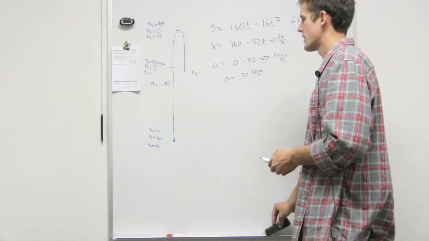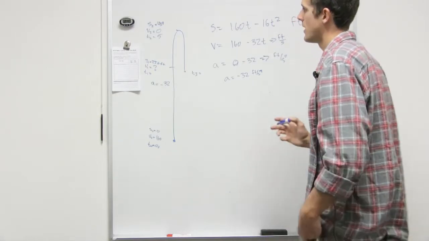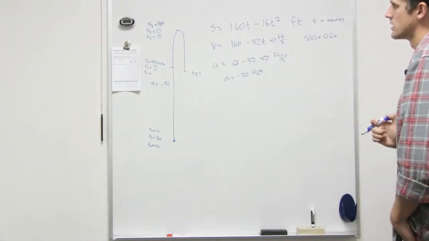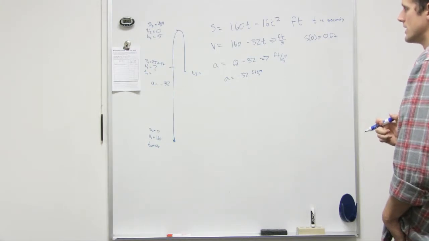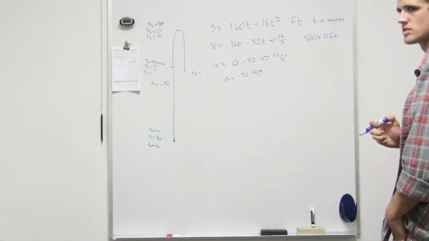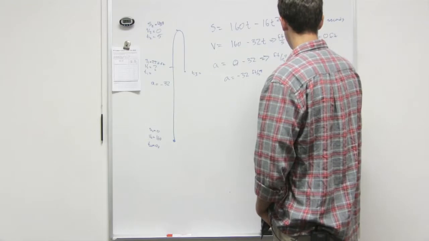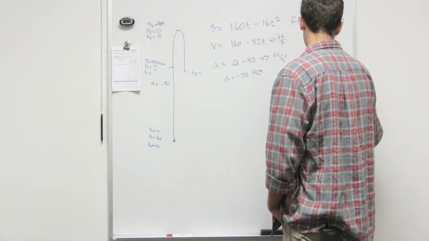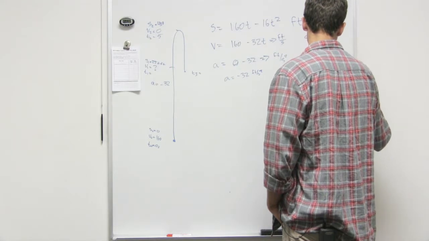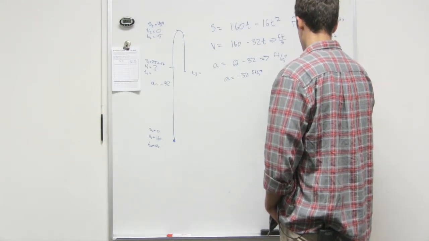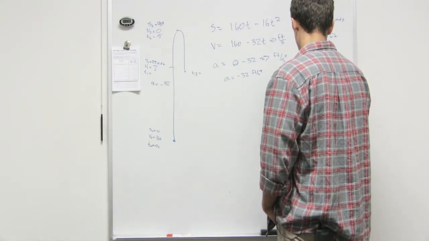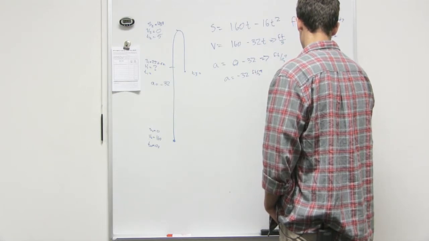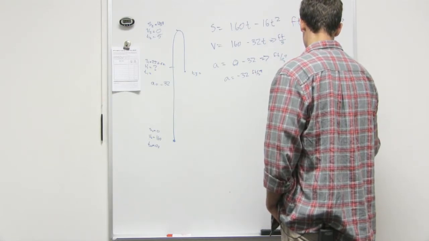Okay. All right. So that's the calculus way. So let's find maximum height using the physics equations. Okay. So we got this one, y final equals y initial plus v initial t plus 1/2 at squared. Then we've got v final equals v initial plus at.